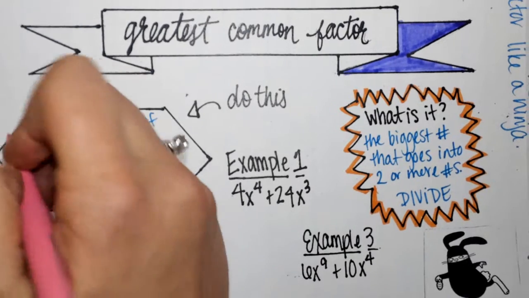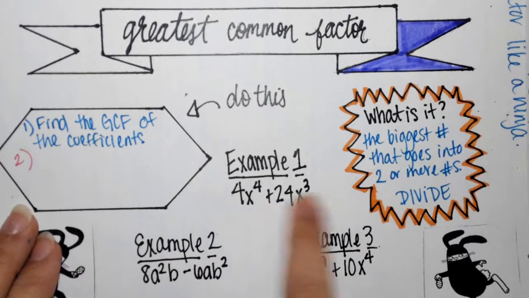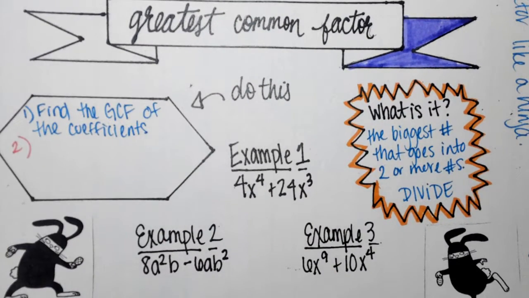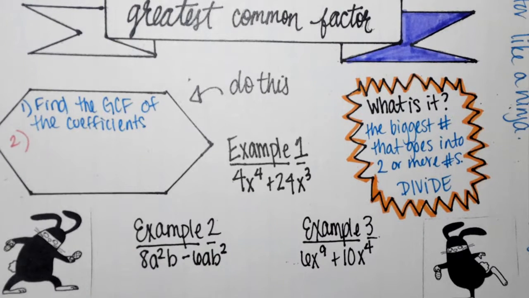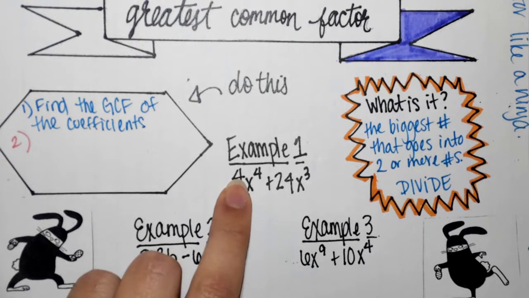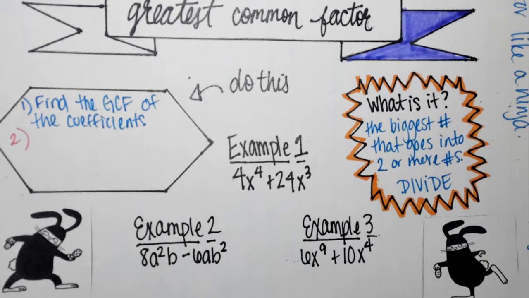Now, step 2. We've got to deal with our exponents now. To do your exponents, you have to figure out what they have in common. We have x to the 4th and we have x cubed. Now, how many x's do they have in common? This one has 4. This one has 3. They have 3. Why do you think they have 3?